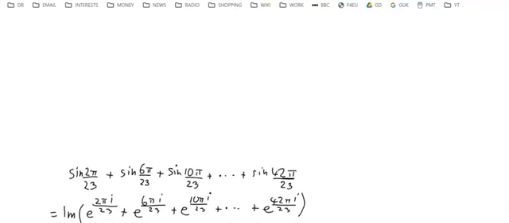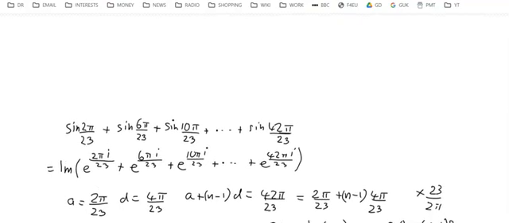The imaginary part of that sum there, e^(2πi/23) + e^(6πi/23), and so on. We should bear in mind here that 2π/23, 6π/23, 10π/23 up to 42π/23 form an arithmetic progression, and we should find out the relevant numbers.